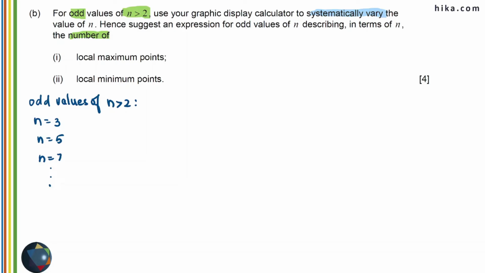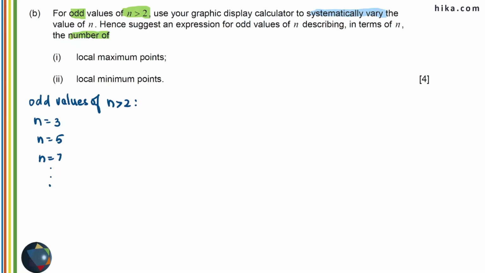Remember, in the important note of the question, you are told not to find any coordinates of axis intercepts or stationary points. Therefore, in this case, you are not finding the actual maximum points or actual minimum points. You are only finding the number of local maximum points and the number of local minimum points. So if you know the shape of the curve, you can identify how many maximum points are there, how many minimum points are there.